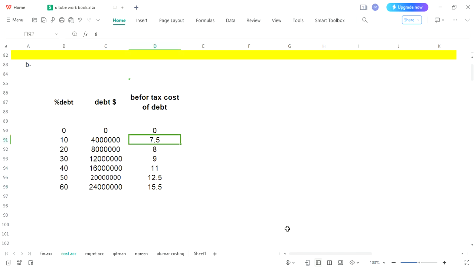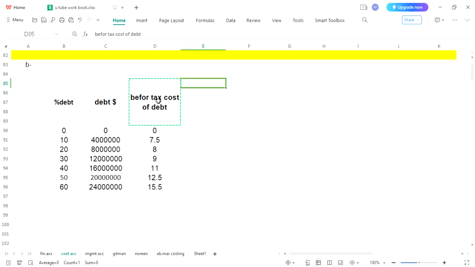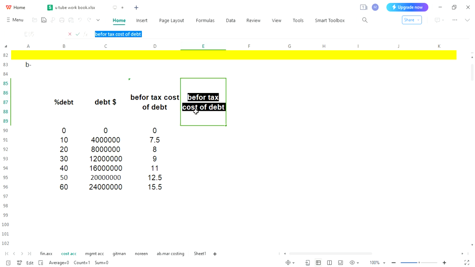Cost of debt is present at first column, and we need to calculate our amount of interest, and this is not difficult. Why? Because here amount of interest can be calculated by taking debt, multiply it with cost percentage.